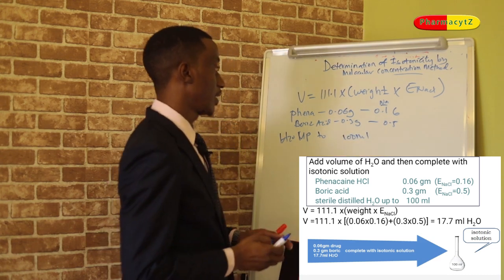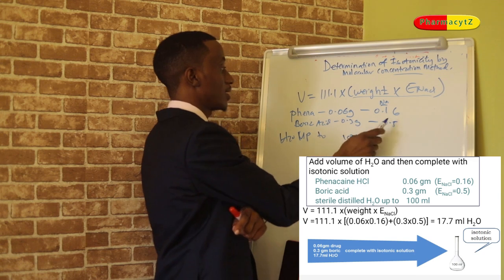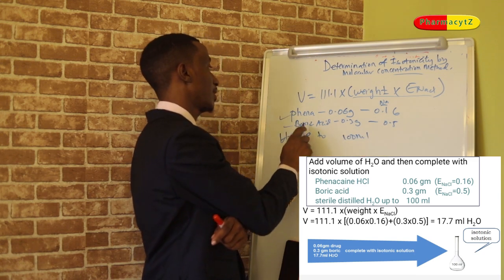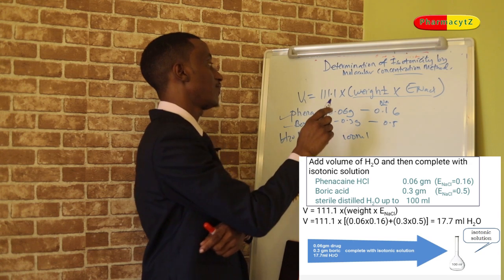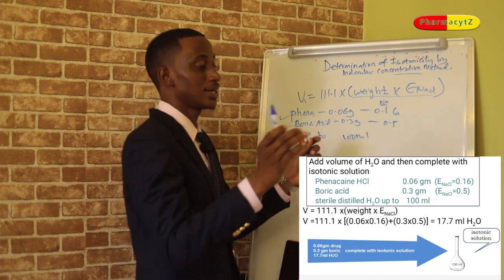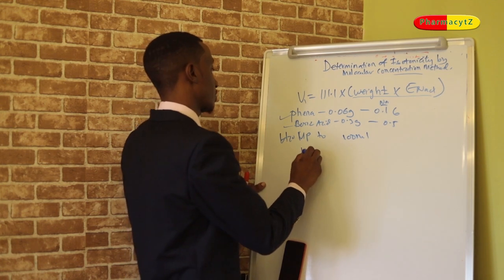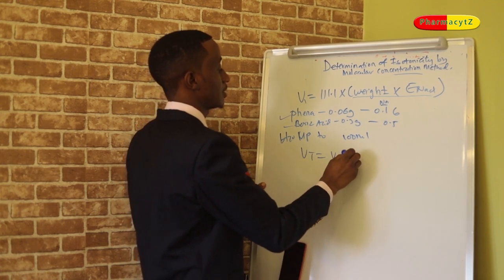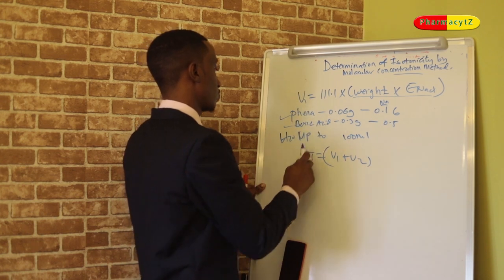What do we do then? We have more than one drug substance here: phenacaine and boric acid. So find V1, then find V2 for boric acid, then add the two. V total shall be equal to V1 plus V2. Then we get the final volume. So let's try to do it.